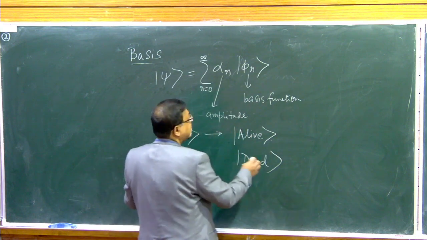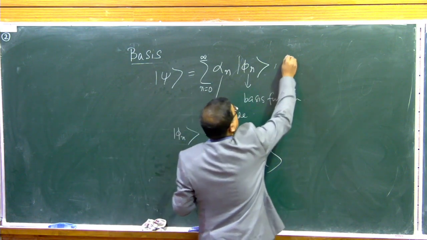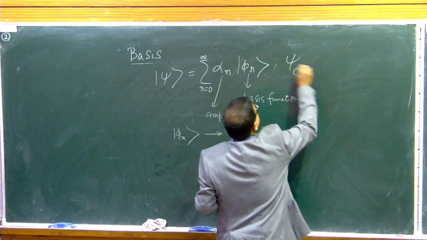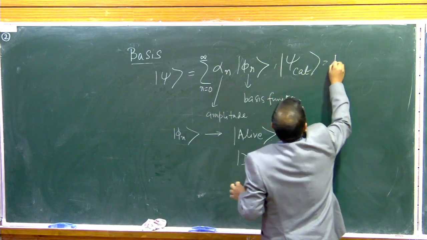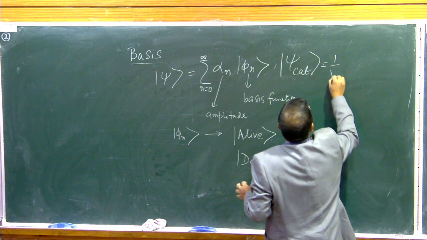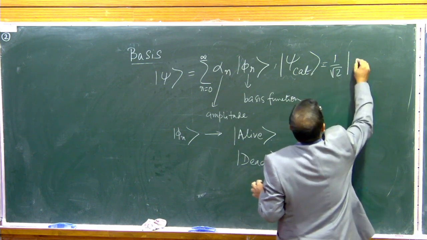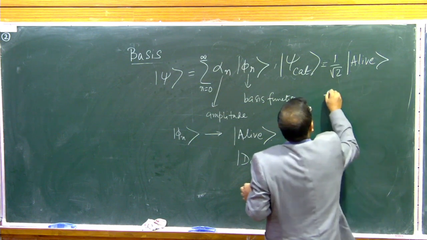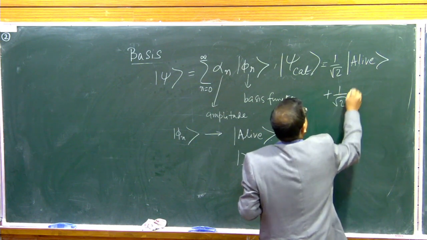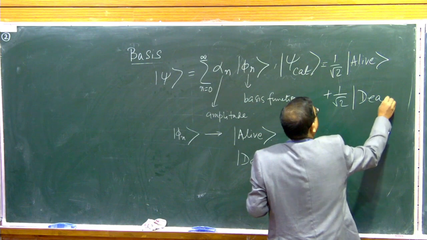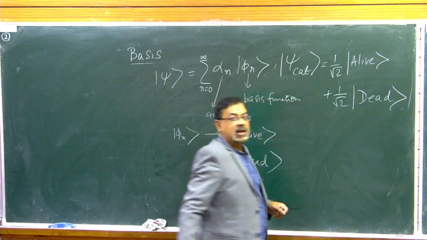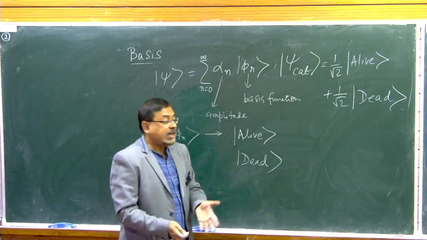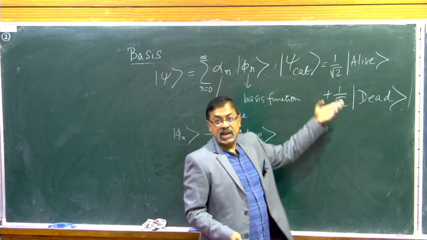Because the whole thing, the state of the cat, so let's call it psi cat, is written as 1 by root 2 the cat being alive, plus 1 by root 2 the cat being dead. And you make a measurement, it collapses into one of the states, alive or dead.